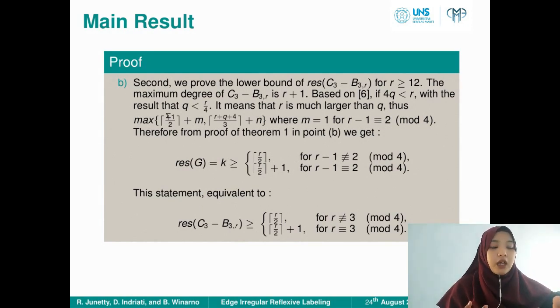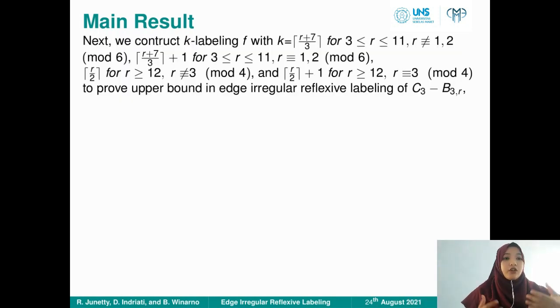This statement is equivalent to rest C3b3r greater than ceiling of r per 2 for r not equivalent to 3 in modulo 4, and then ceiling of r per 2 plus 1 for r equivalent to 3 in modulo 4. Next, we construct a k-labeling f with k to prove the upper bound in the irregular reflexive labeling of C3b3r.